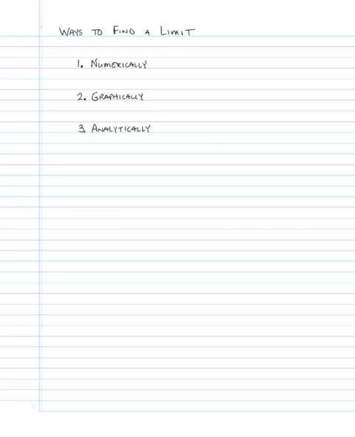Okay, here we're going to discuss the 3 different ways to find a limit. And I've listed them in order from least desirable to most desirable. So first you see that we can find a limit numerically, which really means we're going to be guessing. And the way we do this is we create a table of values.